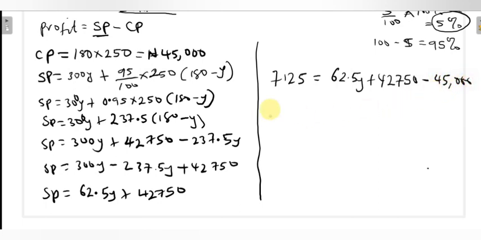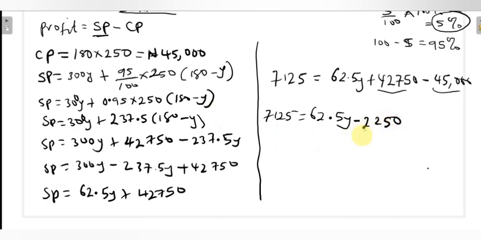So we can subtract this from this. We have 7,125 is equal to 62.5Y, and 42,750 minus 45,000 will give me minus 2,250.